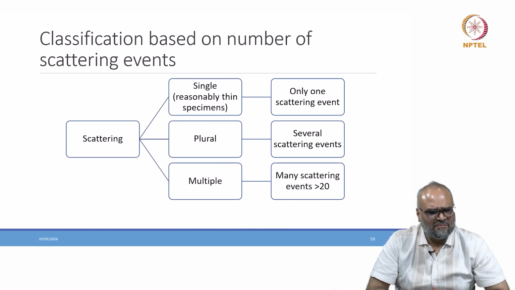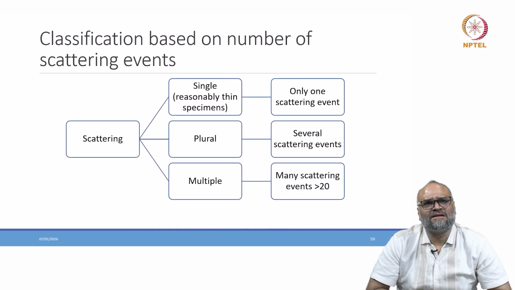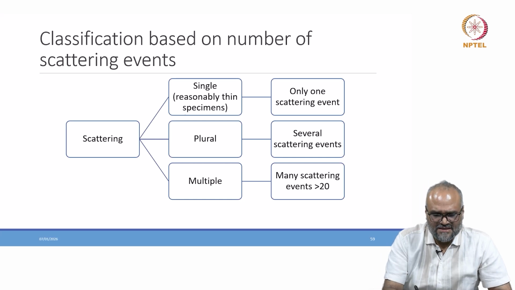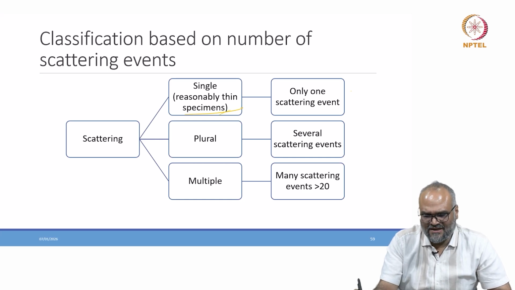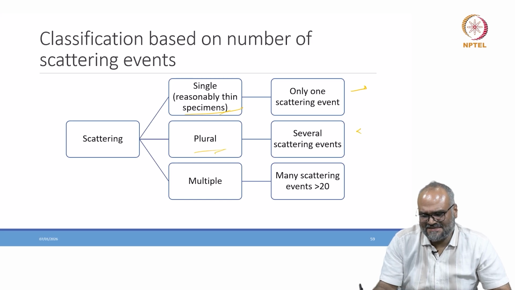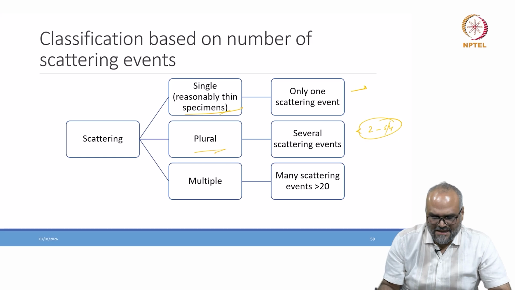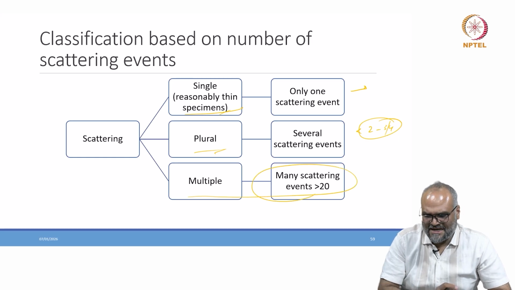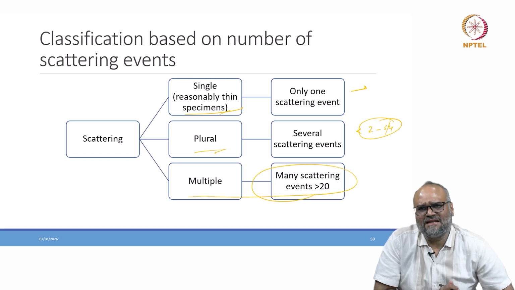So based on the number of scattering events, you can classify scattering into single scattering, where you only have one scattering event, or plural, which is, let us say, 2 to 3 or 4 scattering events, and you have multiple scattering or dynamic scattering events.